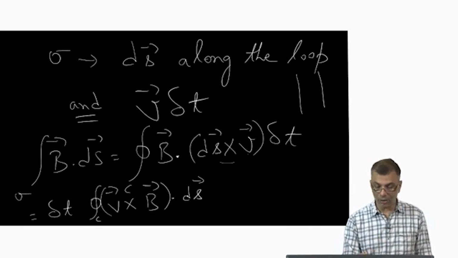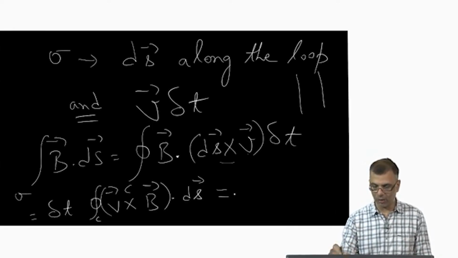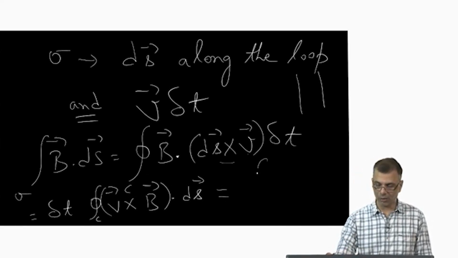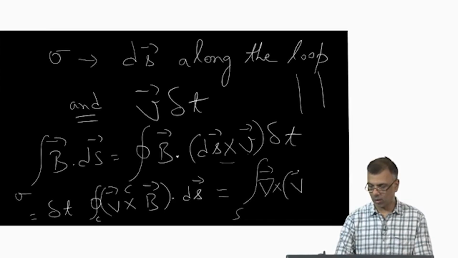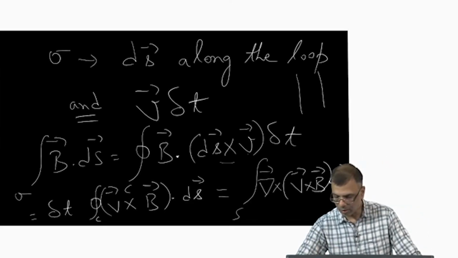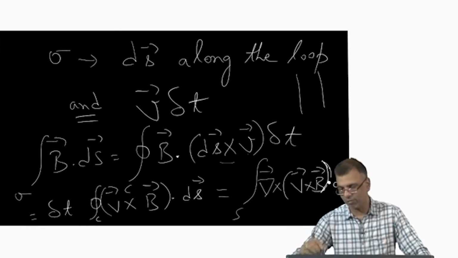And this is a contour integral of V cross B, and using the Stokes theorem, the contour integral can be turned into a surface integral, and so I would have a curl here, curl of V cross B dot ds, where there should be a dot here. The dot is outside of the bracket.